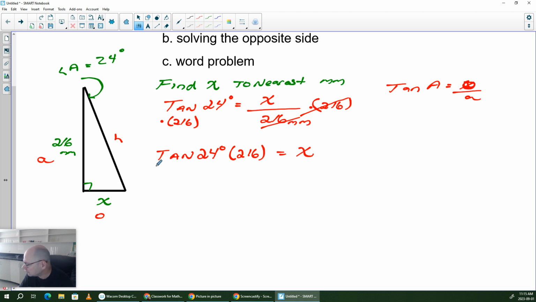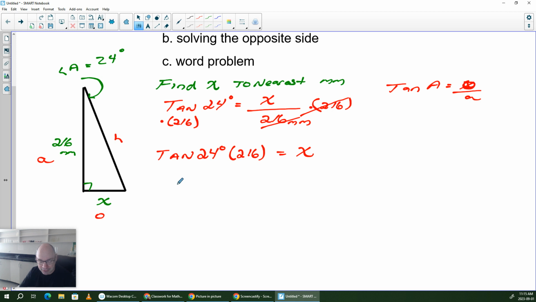Okay, so we can just do that right on our calculator. Tangent of 24. I'm going to write the decimal number down when I do it. Make sure you do at least 3 decimals, if not 4, but you can just leave it on your calculator. So tangent, oops, I did sine. Tangent 24. If you've got a forward calculator, you go tan 24.